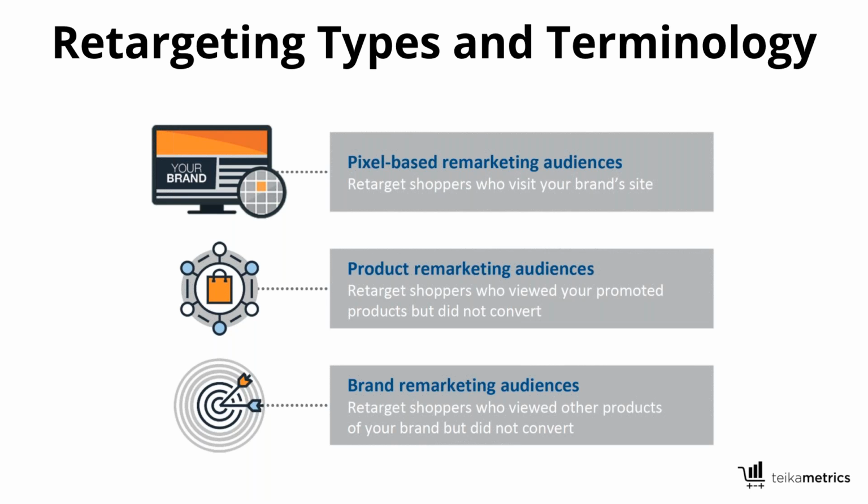And then brand remarketing audiences. So retargeting shoppers who viewed other products of your brand but didn't convert. So this is looking at your whole entire brand portfolio. So whether you are featuring one of the ASINs on your DSP, it doesn't matter. We're really looking at the whole brand.